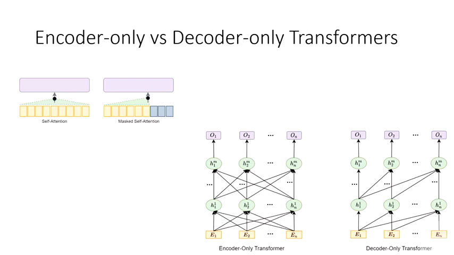On the other hand, a generative model actually uses the decoder only. In the decoder, because you are generating, given some words, you are trying to predict the next word. For example, if a sentence has 10 words, you are given 3 words and you try to predict the 4th word. Then you take the first 4 words and try to predict the 5th word, right?